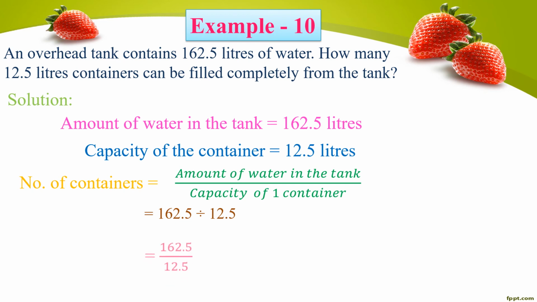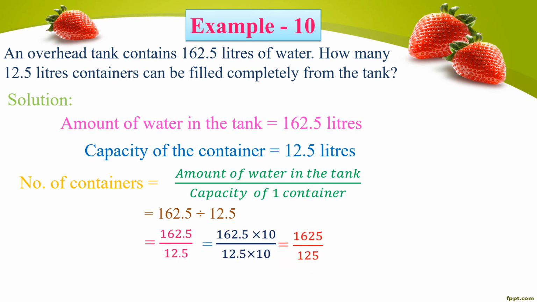Now 162.5 is the dividend, 12.5 is the divisor. We have to multiply by 10. On multiplying 162.5 by 10, we get 1625. On multiplying 12.5 by 10 we get 125.